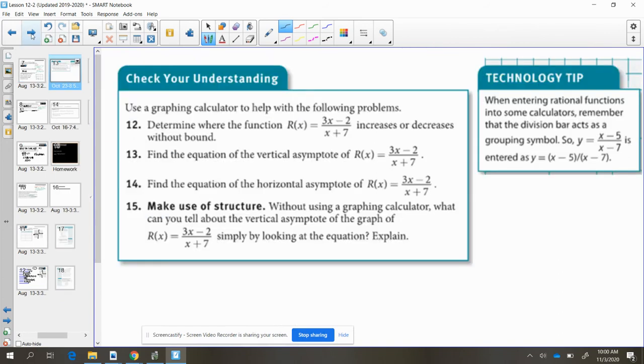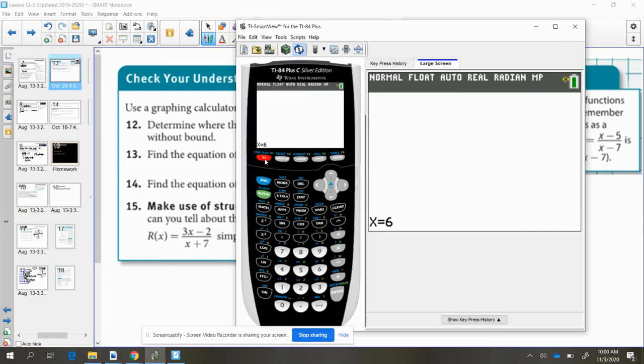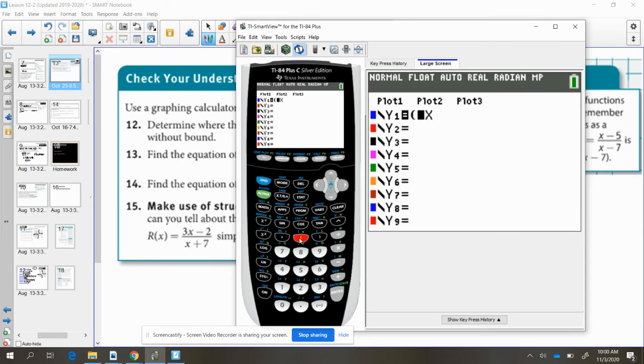All right, now as we finish this out, we want to use a graphing calculator to help us with the final questions here, looking at these features. So if we go back to our graph here, they're asking us to look at 3x minus 2 divided by x plus 7.